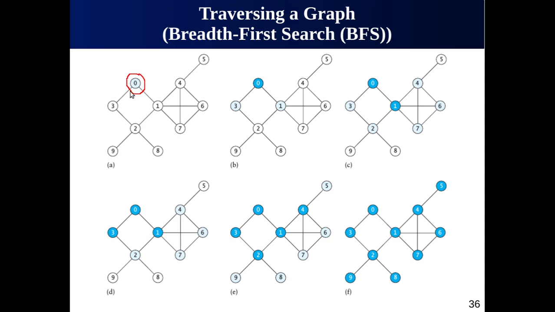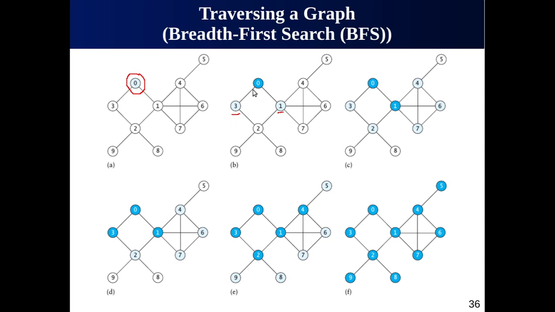We visit 0, and after visiting 0, we see that 1 and 3 are the adjacent nodes of 0. So we color them light. They are the adjacent nodes to 0. We identify them and color them light, which means they are identified but not visited yet.